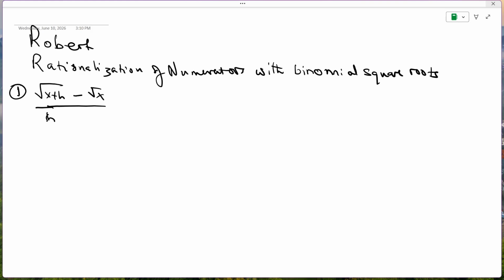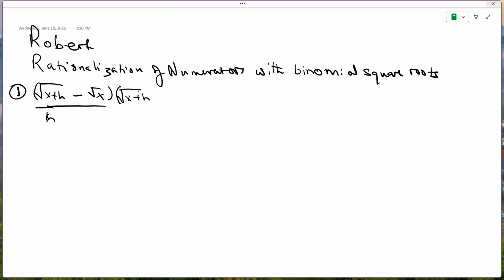That's the numerator part. And we do that by multiplying the upper part of our expression by a conjugate. That is the same expression, only that it has a sign which is the reverse of what is existing here.